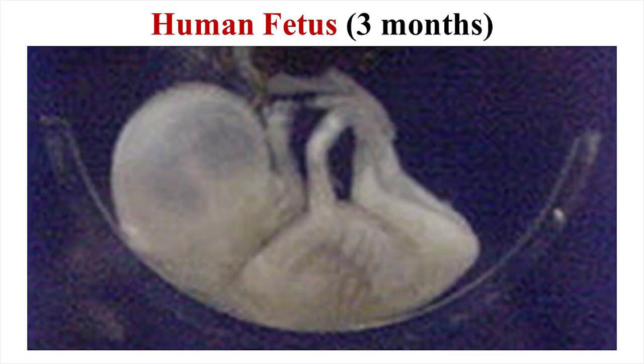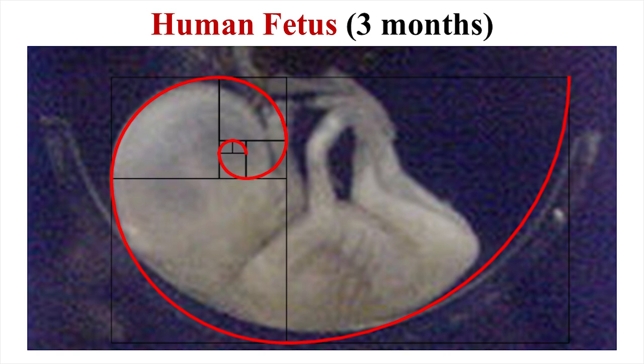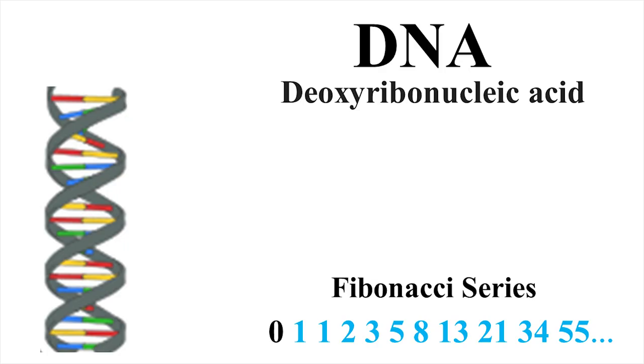Notice this is a human fetus of 3 months old, but there is a growth spiralness to it. Our DNA, here's a DNA strand. If you measure the width of a DNA strand, it's 21 angstroms.